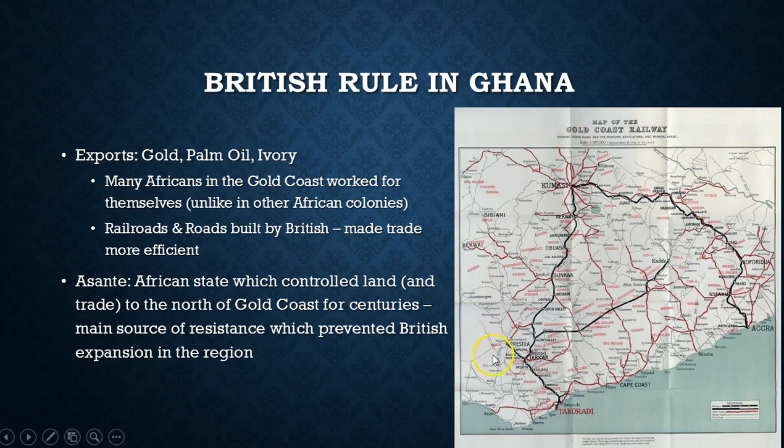So that's kind of where we got this border that is off the map here from Ghana, because these people kept the British out of the interior of Africa, but the economic control that the British had over the region was too firm by the time of 1850, when they actually took over the area as a formal colony. So the Asante continued to offer resistance to the British throughout the time that Ghana was the Gold Coast colony of Britain.